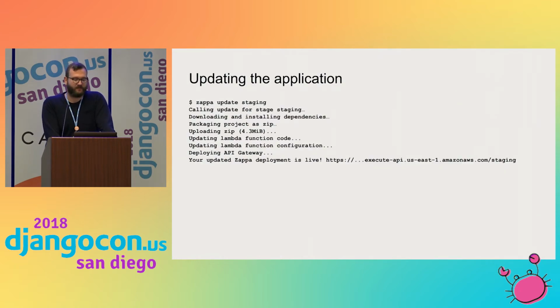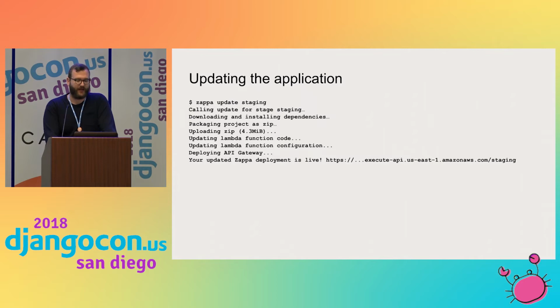Again, it's downloading all of your dependencies, packaging them up as a zip, uploading that to S3, and then since you're updating your application, it'll update the Lambda and redeploy the API Gateway, and then give you the URL to visit again.